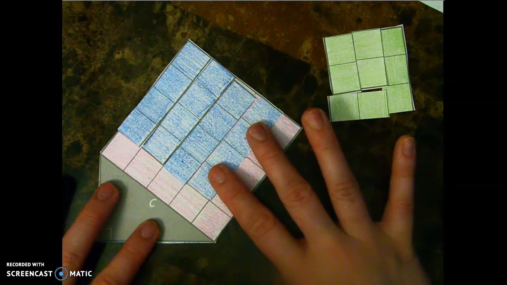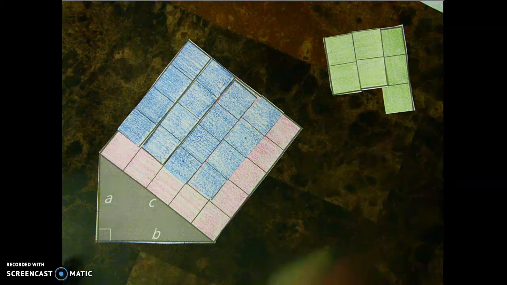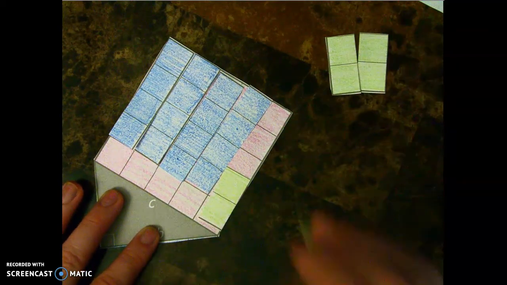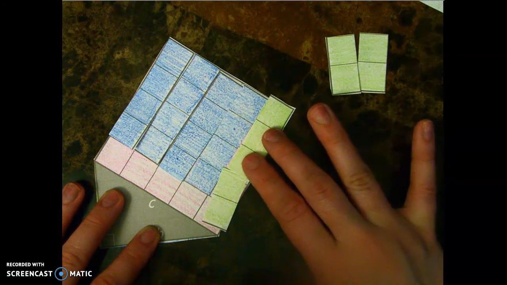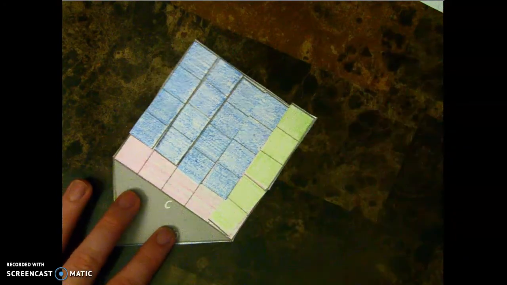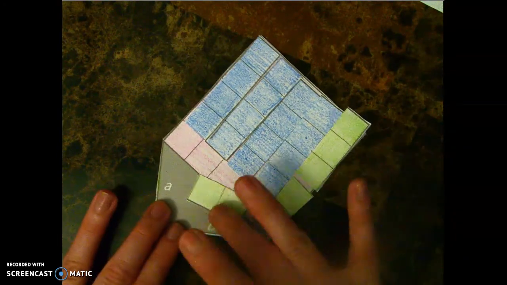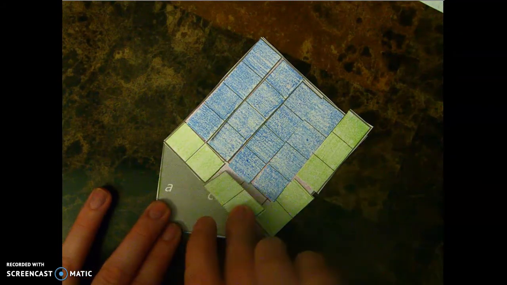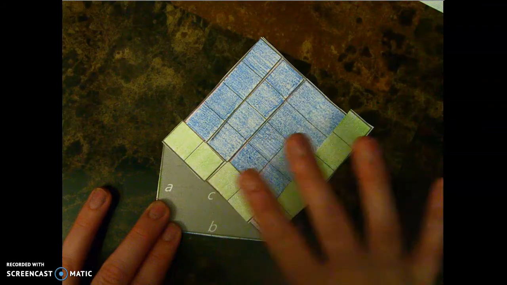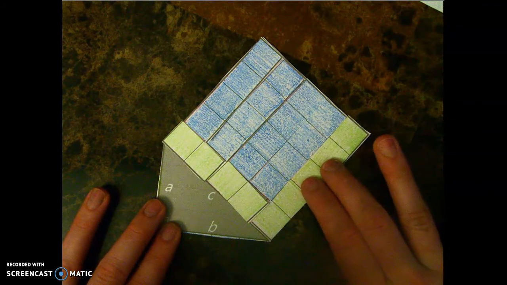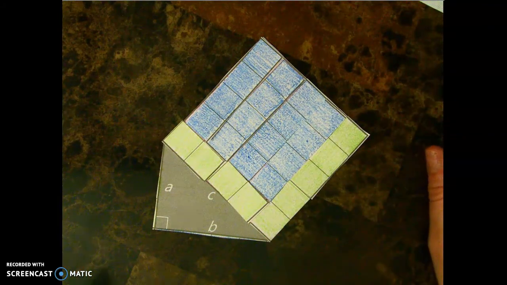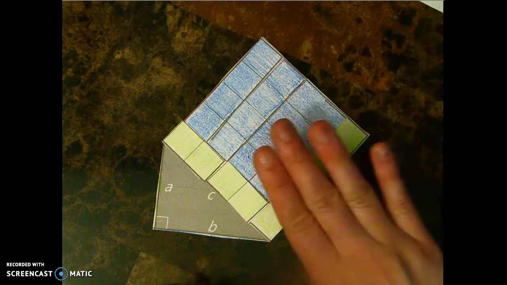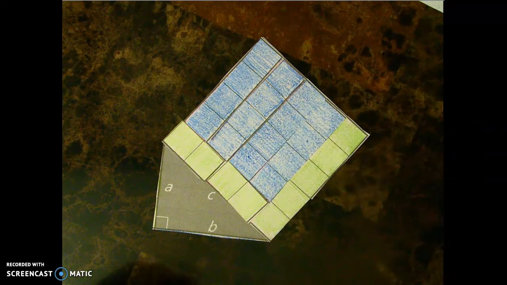Okay, so there is all of block B. Now block A needed to be split up into smaller sections. As you can see, all of block B and all of block A fit into block C. So yes, they do fit. Again, block A plus block B fits into block C.